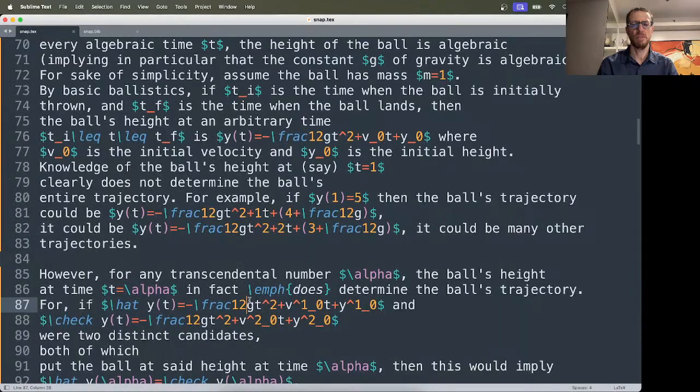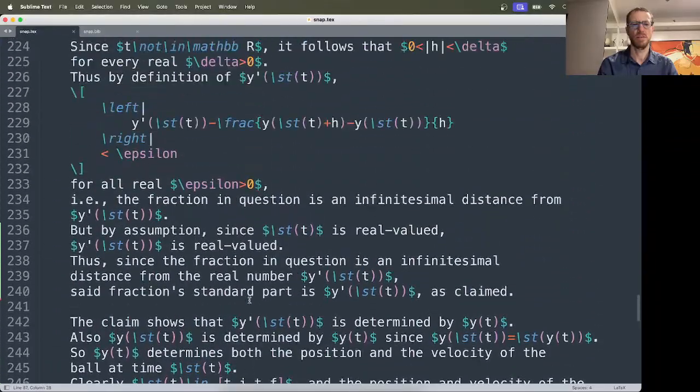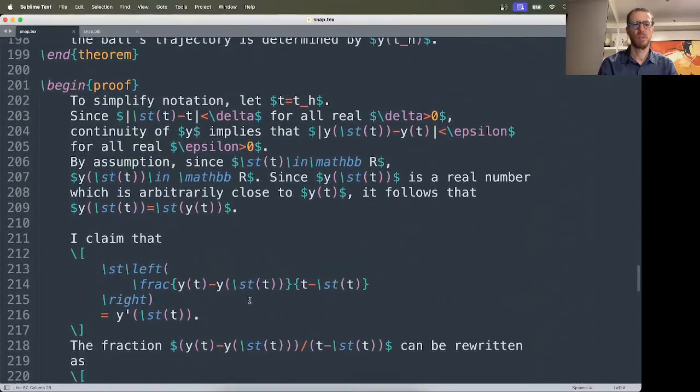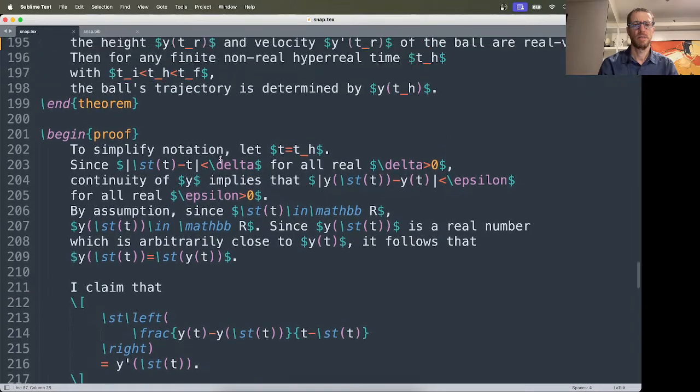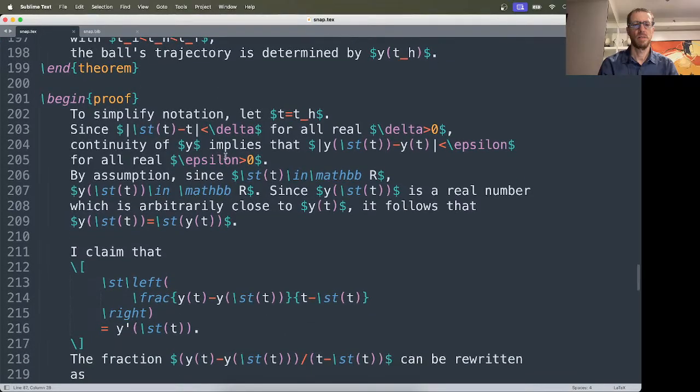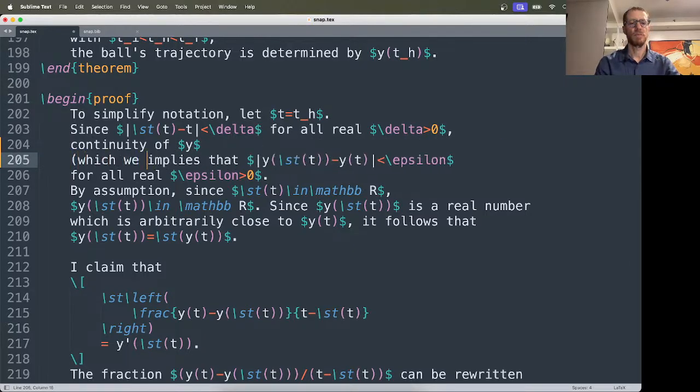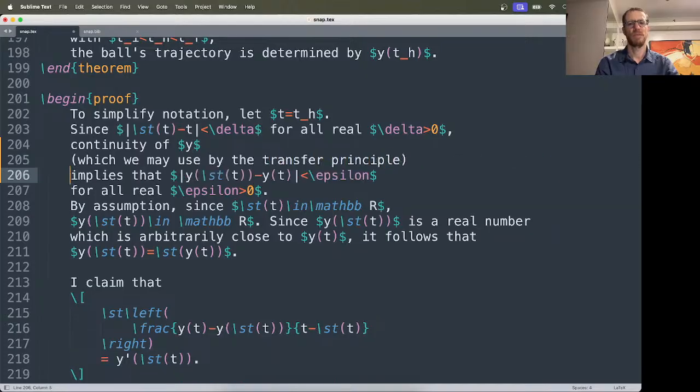Anyway, when we use the continuity of y, continuity of y implies... continuity of y, let's put in parentheses, which we may use by the transfer principle, or which holds by the transfer principle.